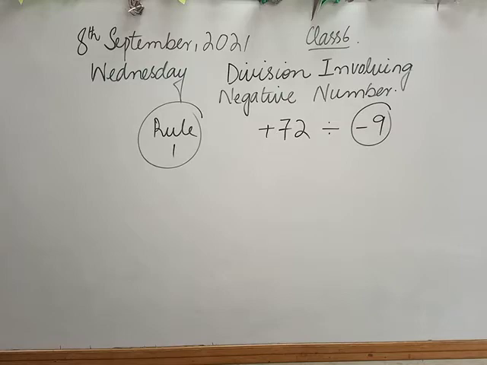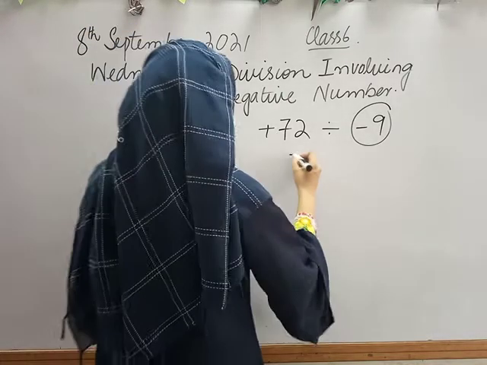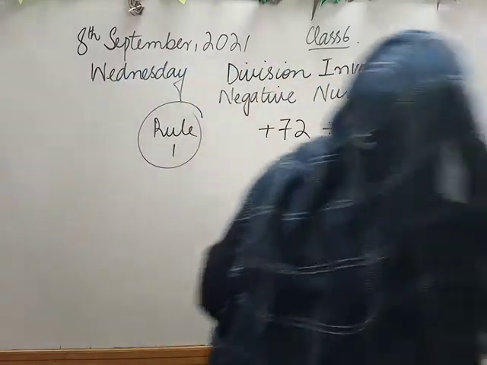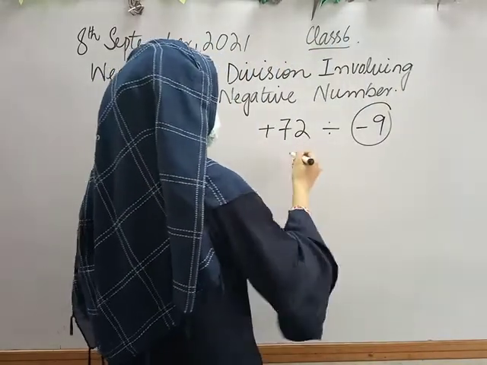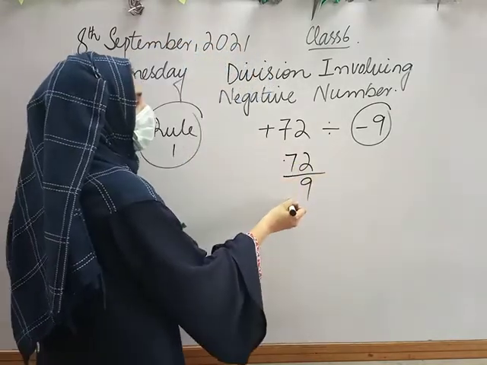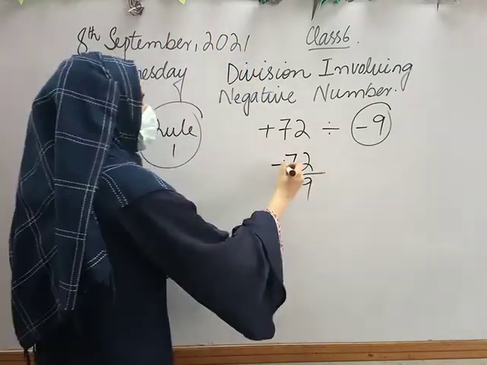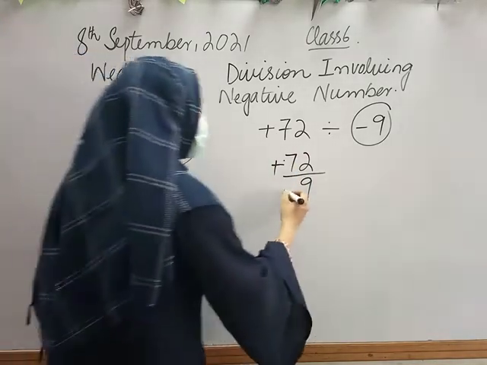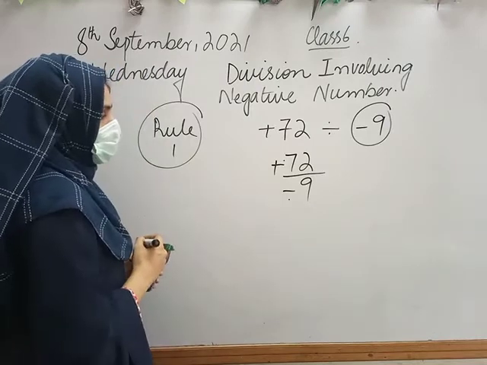So there is also a way to write this into fraction form, that is 72 by 9. With 72 we have plus sign and with 9 we have minus sign.